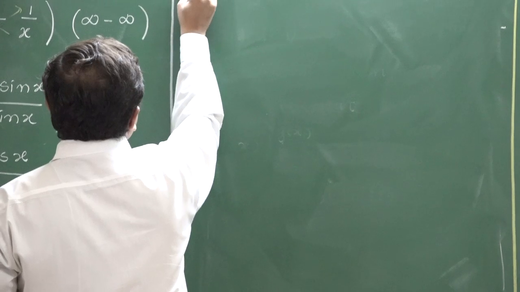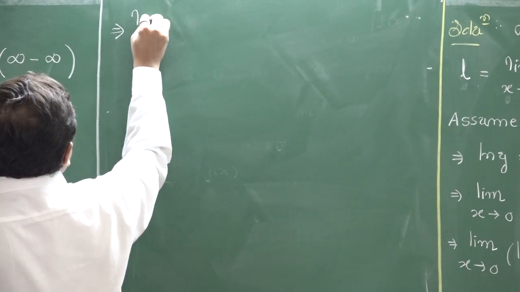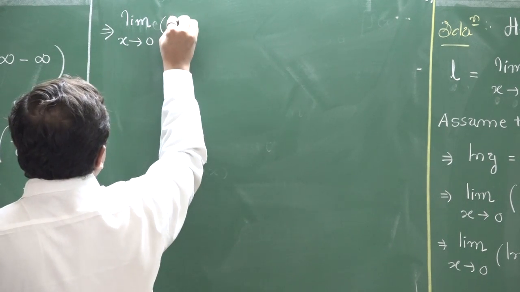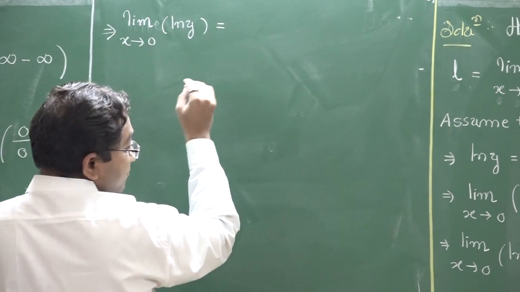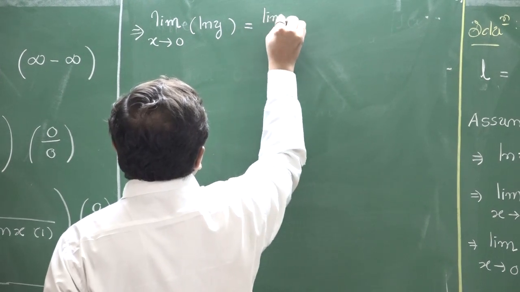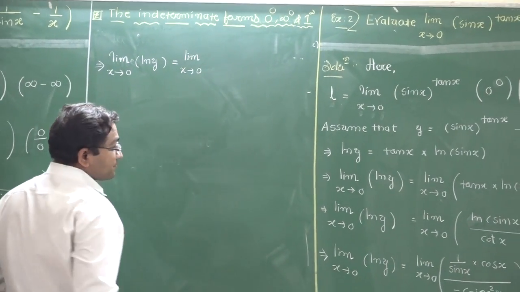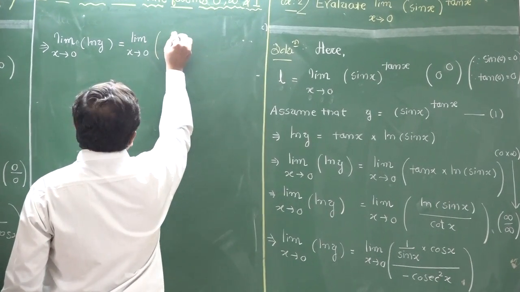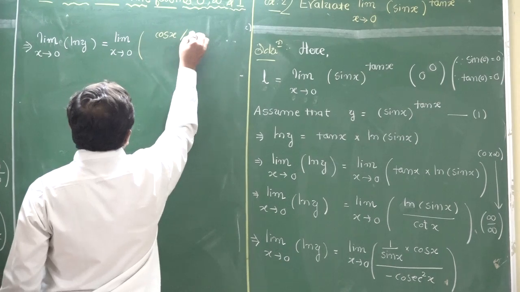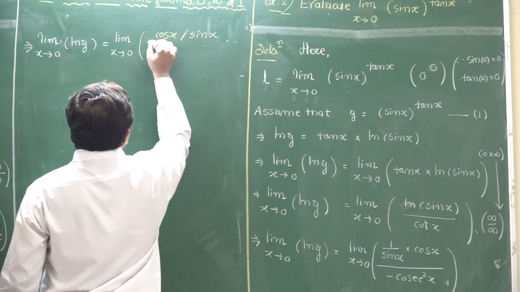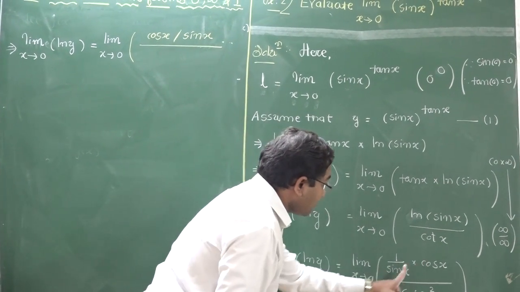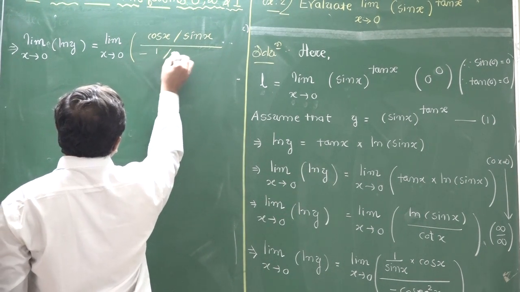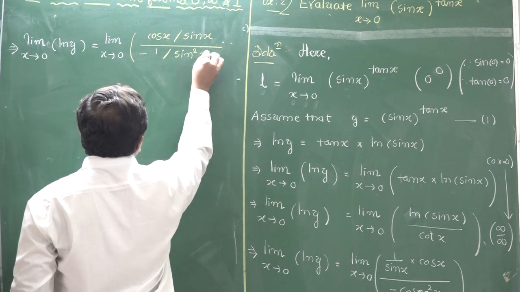So that implies limit x tends to 0 ln y equals limit x tends to 0. Here I simplify: the numerator is nothing but cos x upon sin x. What is the denominator? Minus cosec square x, which is minus 1 upon sin square x.